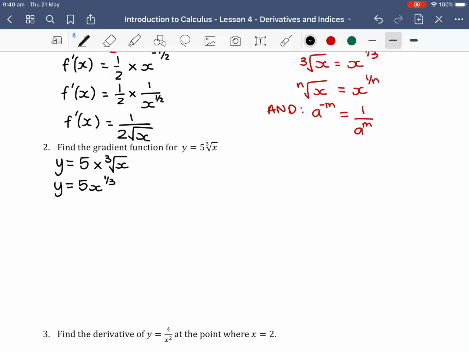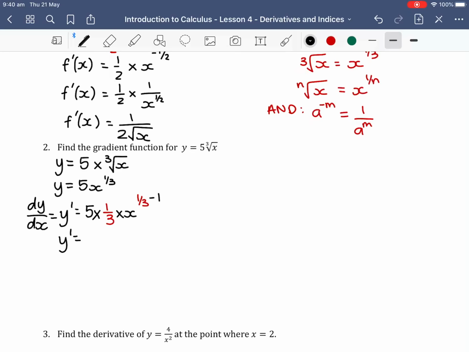Then when we differentiate this, remember we can either write it as dy on dx, as we are finding the derivative of y with respect to x, or we can write it as y dash as well. If we write it as y dash, it equals 5, which is our constant, times, and we bring our power down, a third times x to the power of a third minus 1.